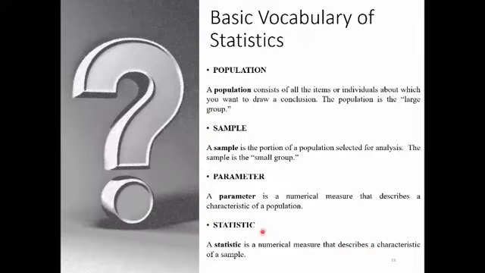A statistic would be the average amount spent by 30 customers who completed a customer satisfaction survey. Parameter would be average amount spent by all customers. A statistic would be average amount spent by 30 customers who completed the survey. So that's the difference between a parameter and a statistic. Parameter is a numerical measure that describes a population. Statistic is a numerical measure that describes a sample.